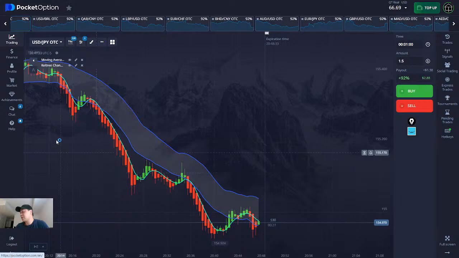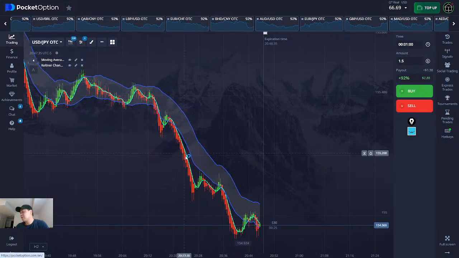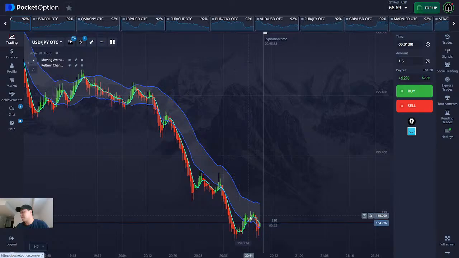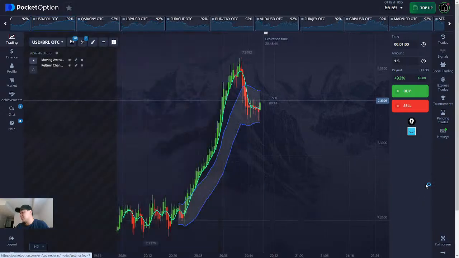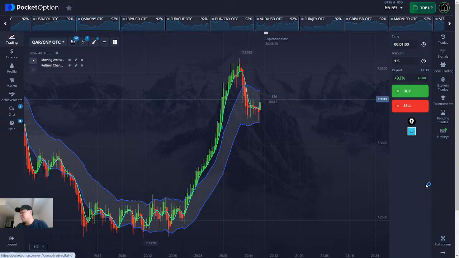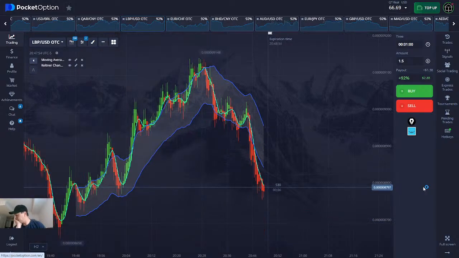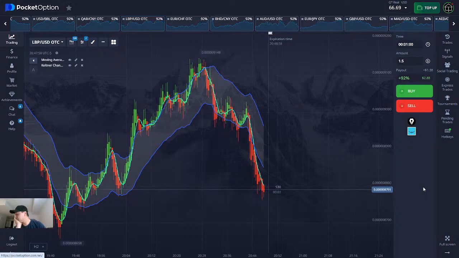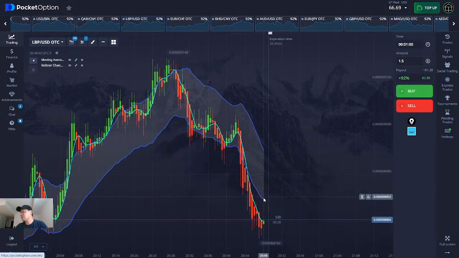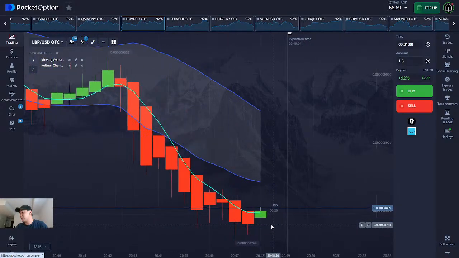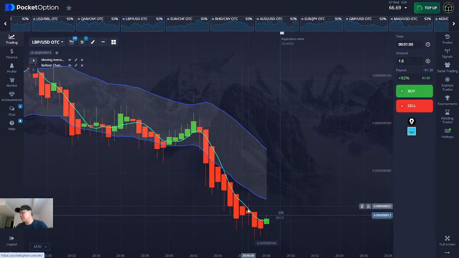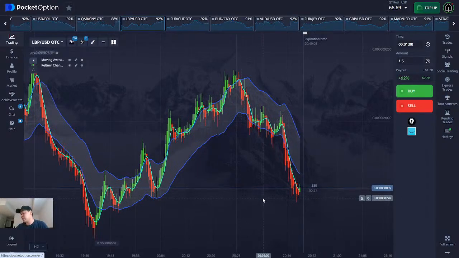This one's curling back up, but sometimes what it does is just at the bottom it chops around, and it's nothing good. So this one is good to wait maybe a couple minutes. See how this came back down. So I'm looking for trend continuation to the downside.